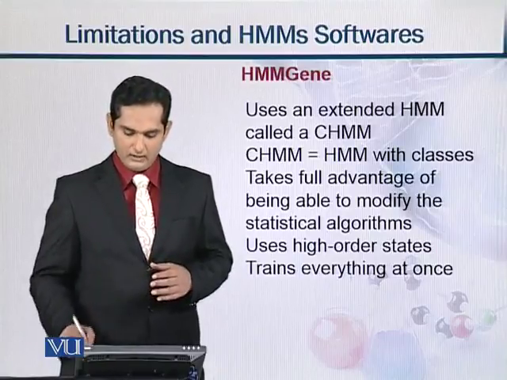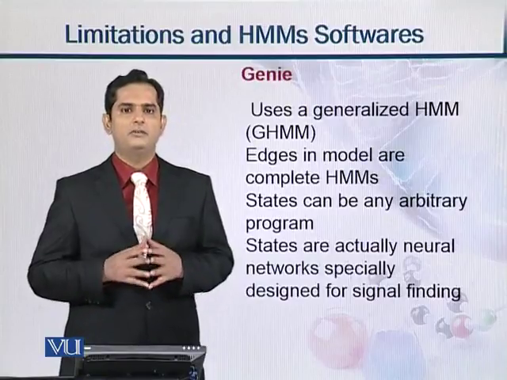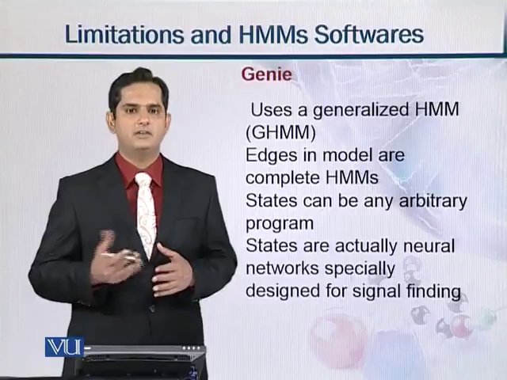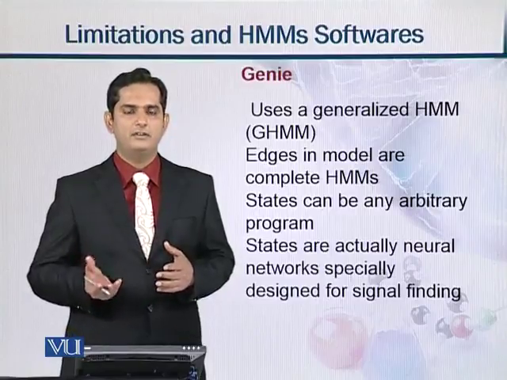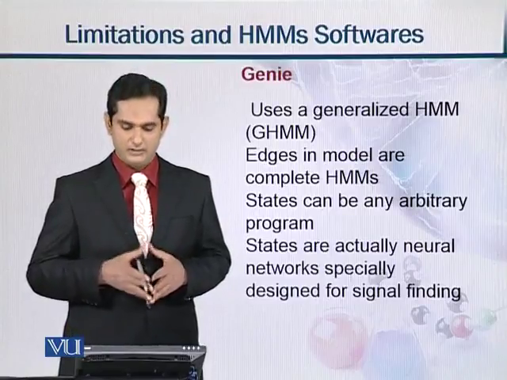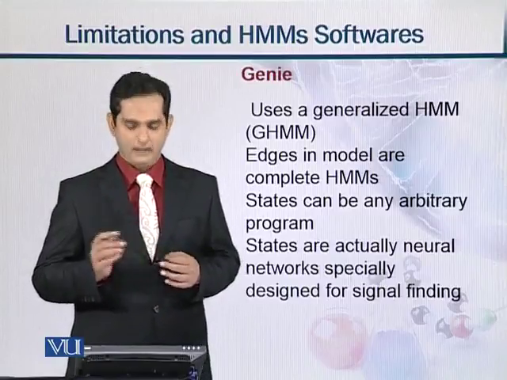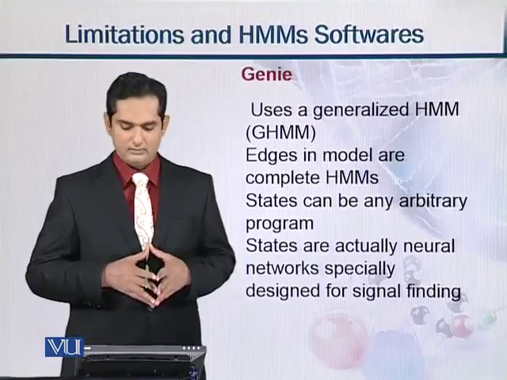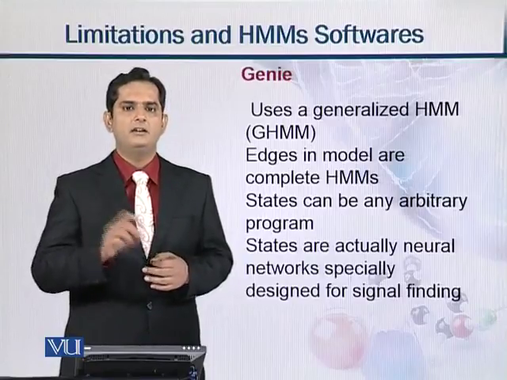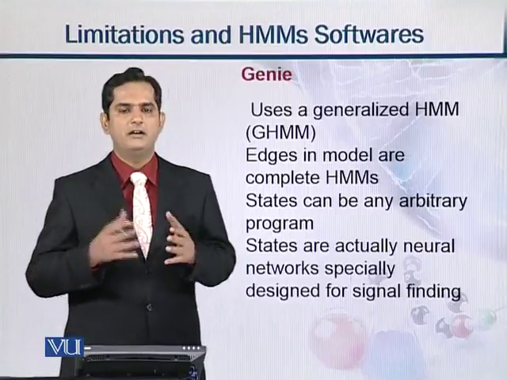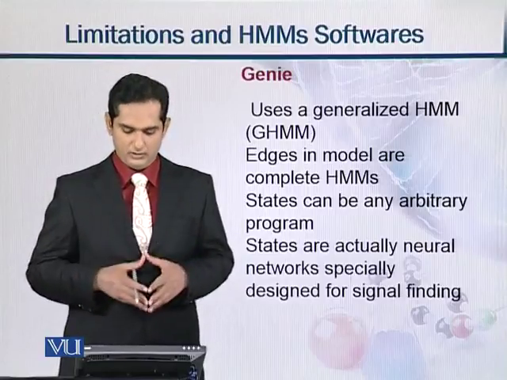And then finally we have another software package called Genie. Genie is basically a generalized HMM. It can be used for several purposes, one of which is of course biological data modeling. And what is its structure? We have different edges, and these edges are themselves complete HMMs. So we have one edge which is an HMM, H2 is another HMM, and these edges are connected together.